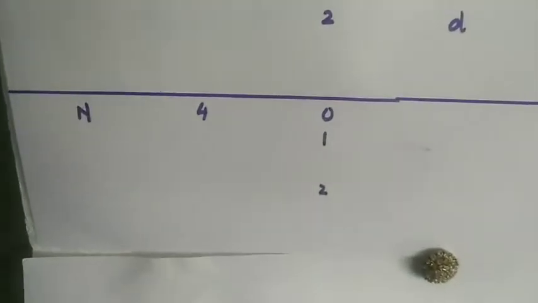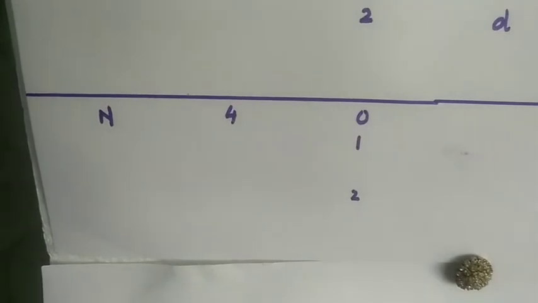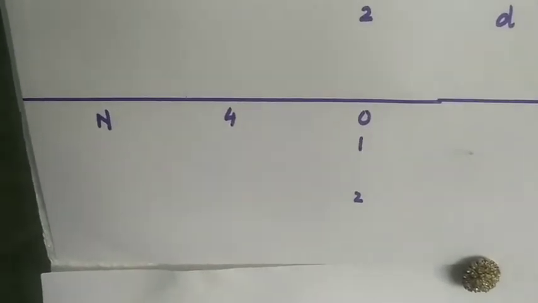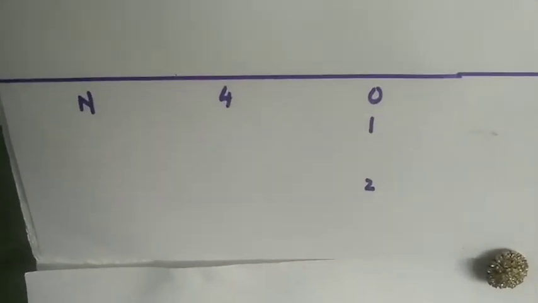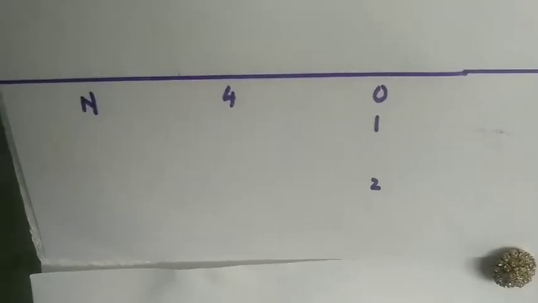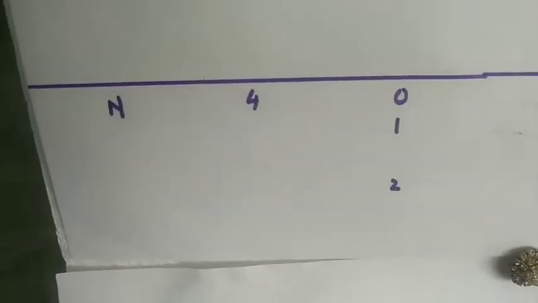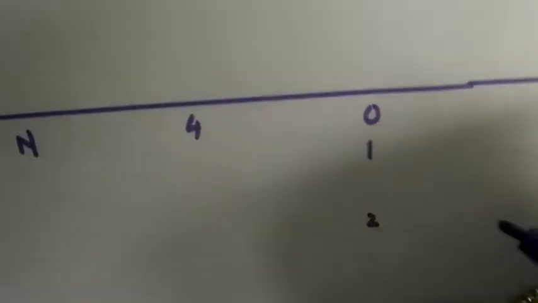Similarly, if the principal energy level is N, then n is equal to 4, L is equal to from 0 to n minus 1, so this can be 0, 1, 2 and 3.